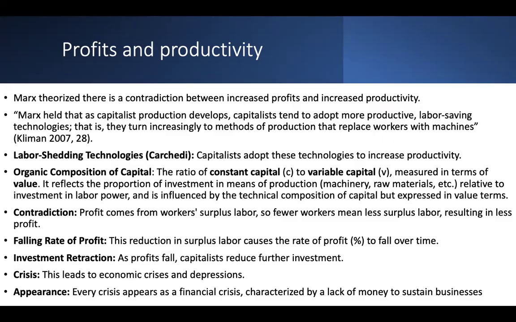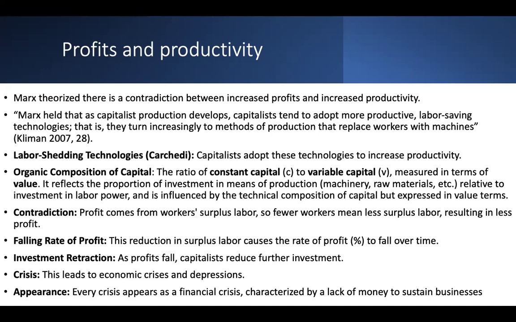I'm sure this sounds very complicated, but if you think about it in simple terms, it kind of makes sense. So if workers are the source of profits in the capitalist economy, what happens if you reduce the amount of workers? You're going to reduce your profits. But again, Marx would argue because of the competitive pressures of the capitalist economy, that is something that most capitalists cannot resist, right?